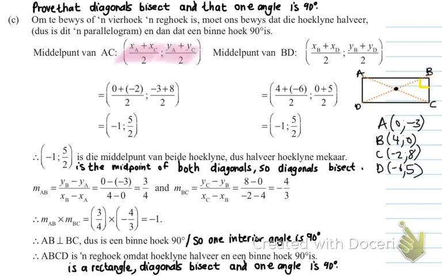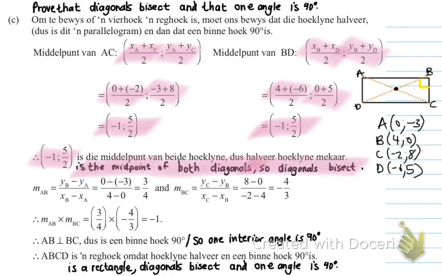That gives me 0 plus negative 2 over 2 and negative 3 plus 8 over 2, which gives me negative 1 and 5 over 2. Then the midpoint of BD. X values added divided by 2, y values added divided by 2. 4 plus negative 6 divided by 2 and 0 plus 5 divided by 2 gives me negative 1 and 5 over 2. So that means that this negative 1 and 5 over 2 is the midpoint of both diagonals, so the diagonals bisect.